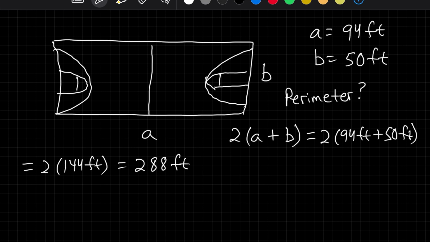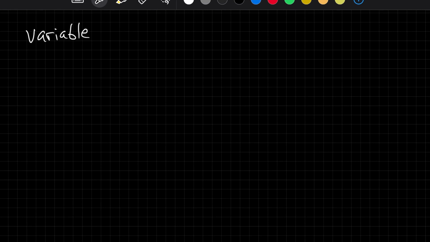And we followed PEMDAS: Please Excuse My Dear Aunt Sally. We did the parenthetical first, and then the multiplication. So we added together 94 plus 50, and then we multiplied 2 times 144, and we came up with 288 feet. What is a variable?